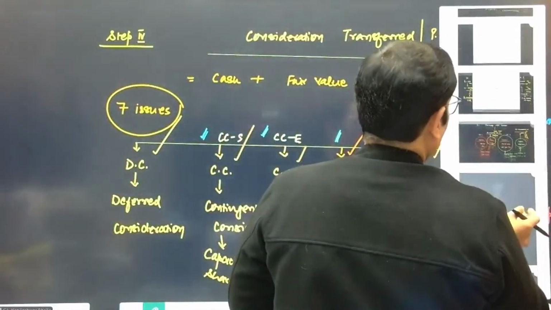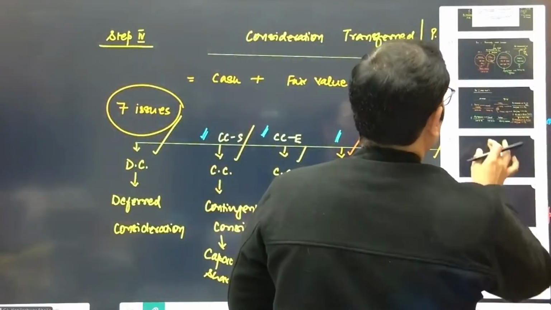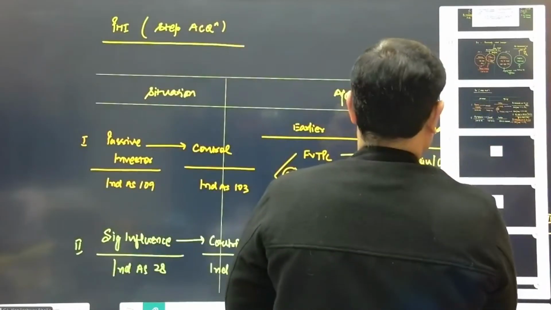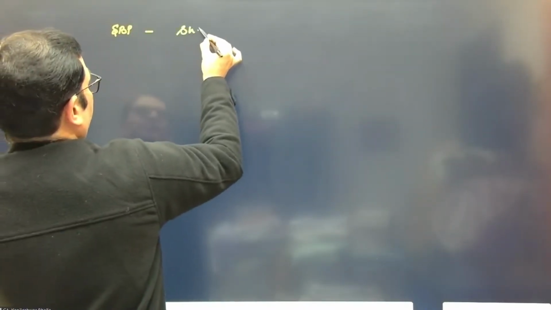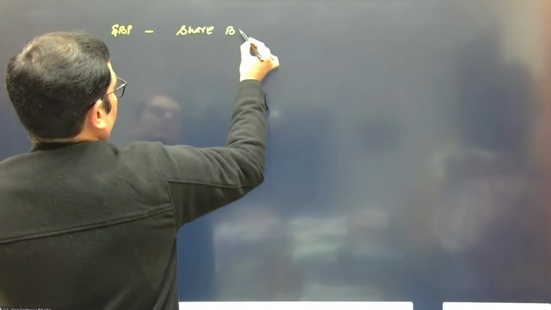So here I need to give you some very interesting inputs based on this. Let me give you some inputs on the next issue of discussion, that is SBP, called share-based payments.